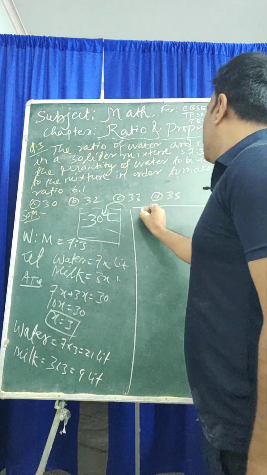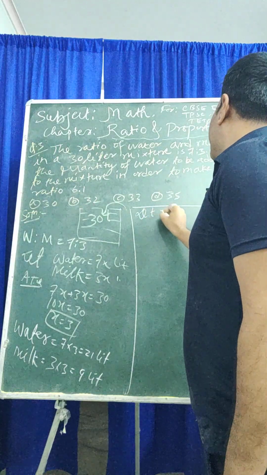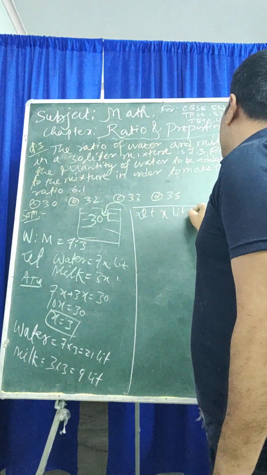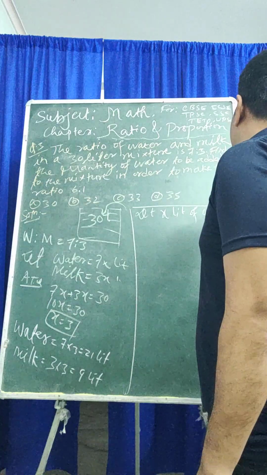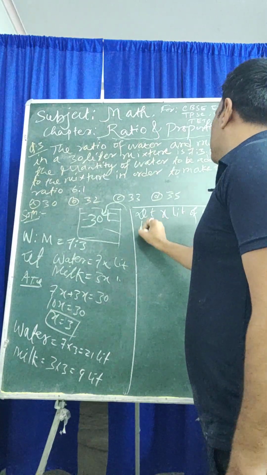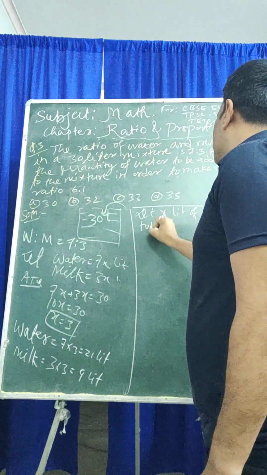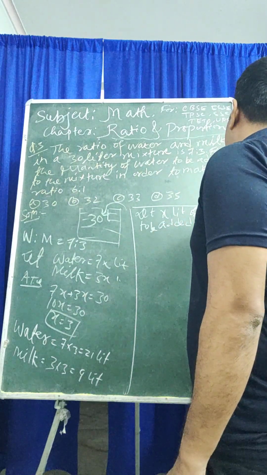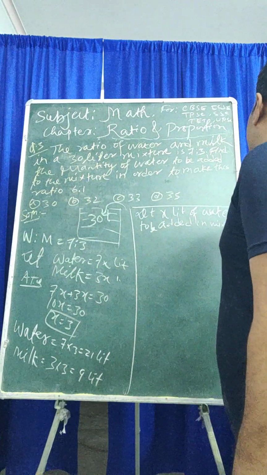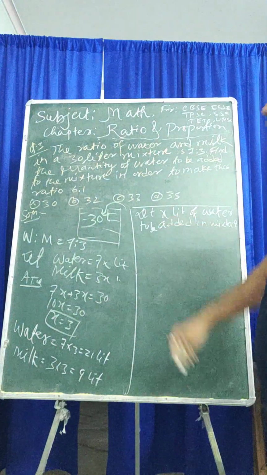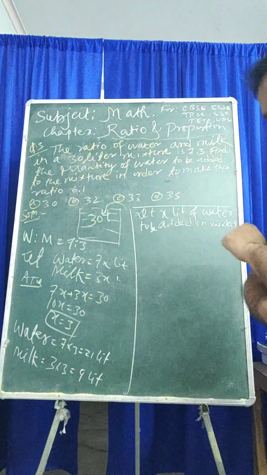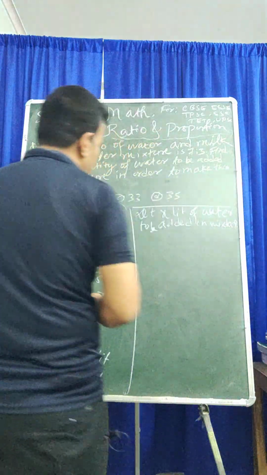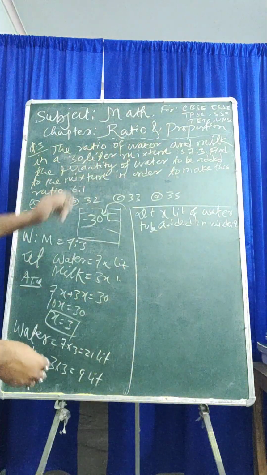Now come here, we have to find out what I consider. Let x liter of water be added to the mixture. Got my point? In the mixture, x liter of water to be added. Now the ratio becomes 6:1.